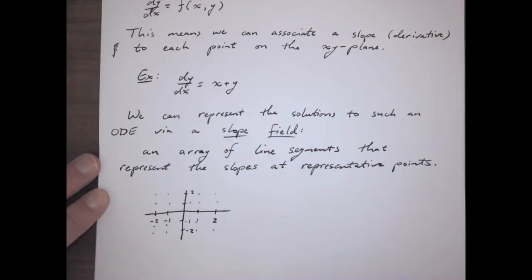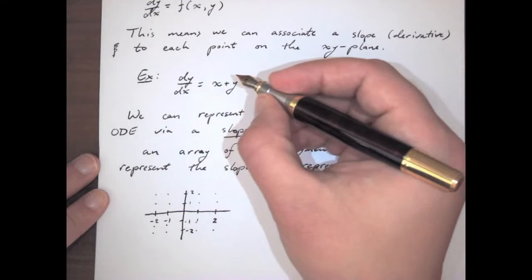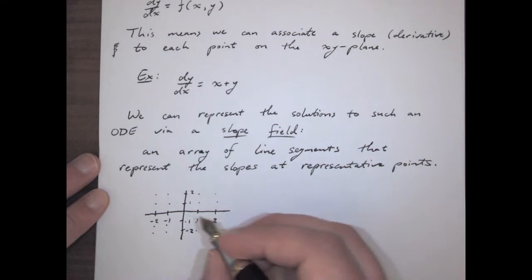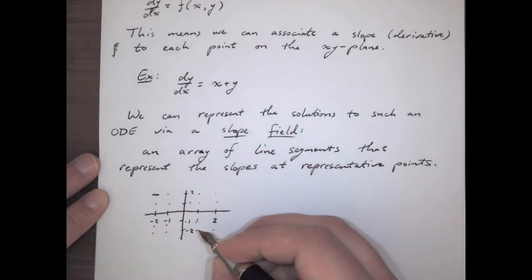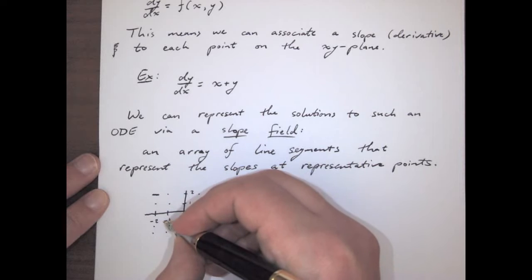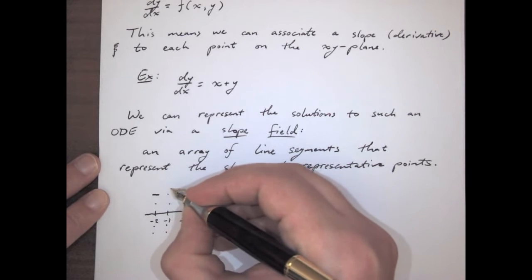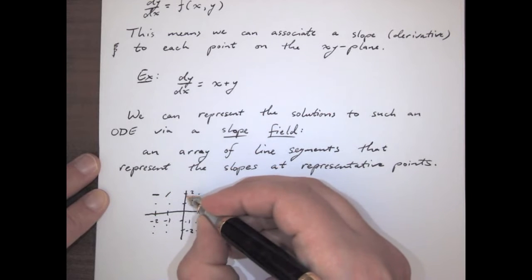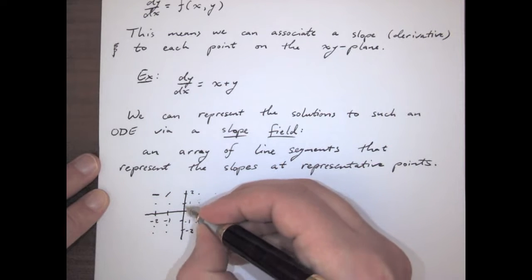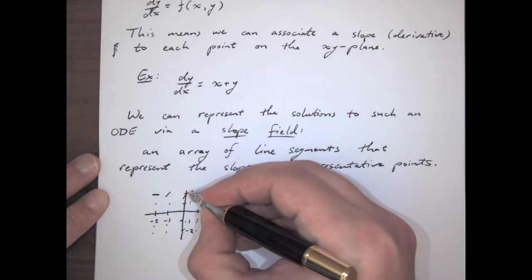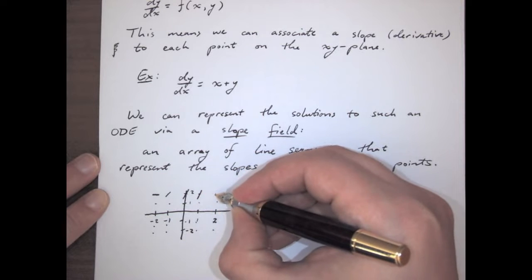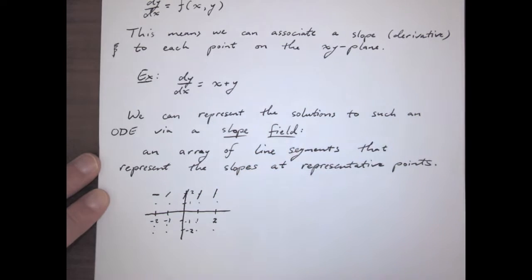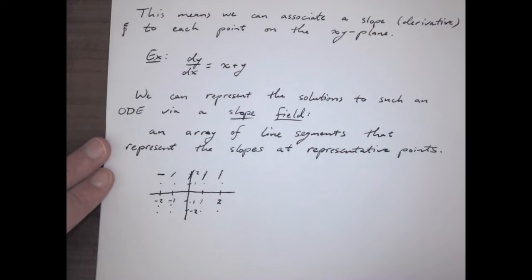At each point we're going to draw a little line segment that demonstrates the slope that we would get by adding the x-coordinate and the y-coordinate. So here we'd have -2 and +2, so the little line segment is going to have slope 0. The next one over, we have -1 and +2, so it's going to have a slope of 1. Then 0 and 2, so a slope of 2. Then a slope of 3, and then a slope of 4. I'm just estimating the slopes here.